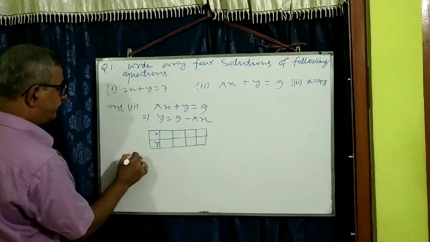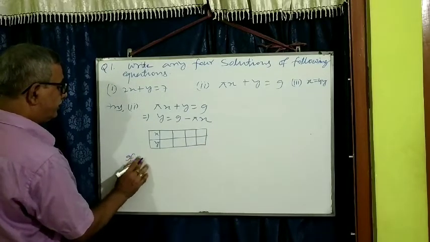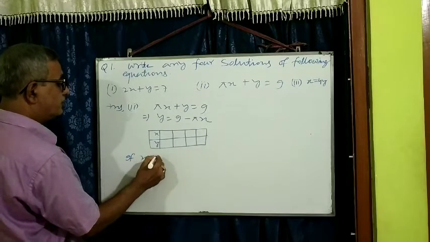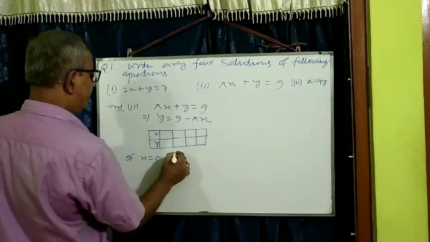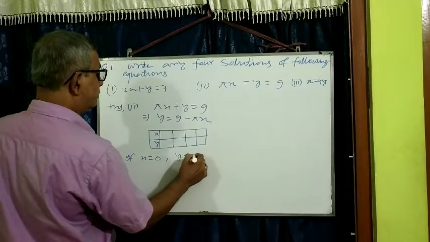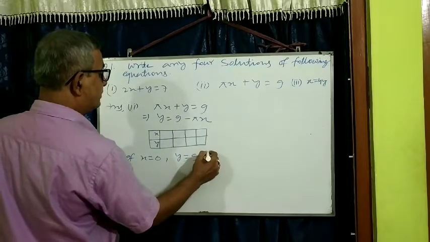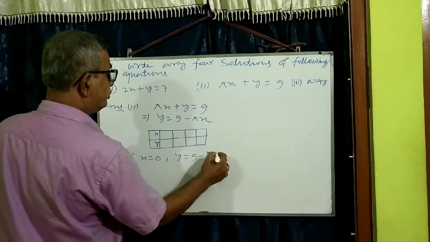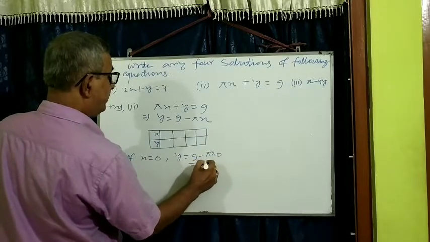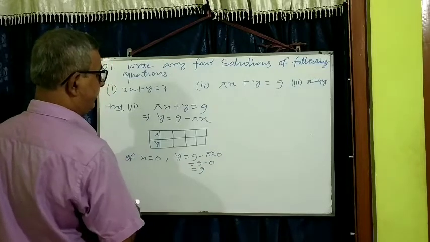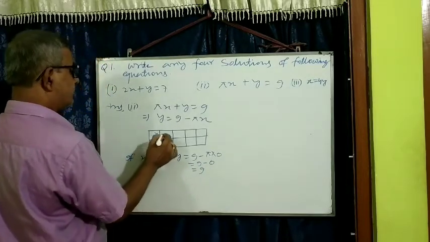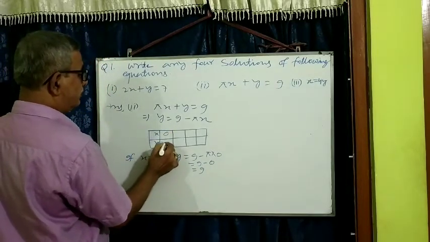If x is equal to 0, you may take 0, then what will happen? Y is equal to 9 minus pi into 0. 9 minus pi into 0 is 0. So you are getting 9. You write x is equal to 0, y is equal to 9.